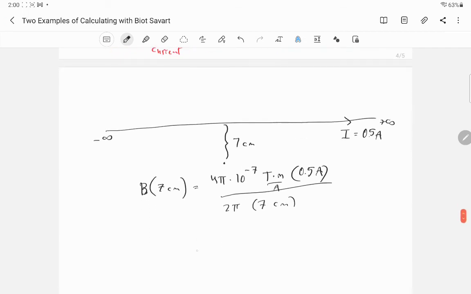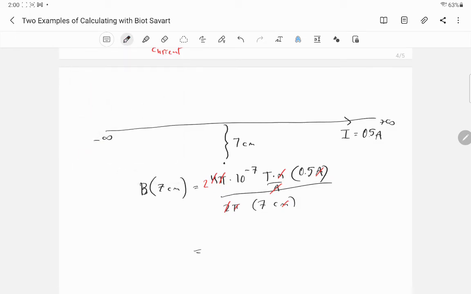All right, so if you go through and you calculate, I like to use a different color to cross off stuff. The amp and the amp cancel. The meter and the meter cancel, but the centi is left over. Can't forget the centi. The pi and the pi cancel. The 4 and the 2 partially cancel. There's a 2 left over. And then the 7 doesn't cancel against anything.